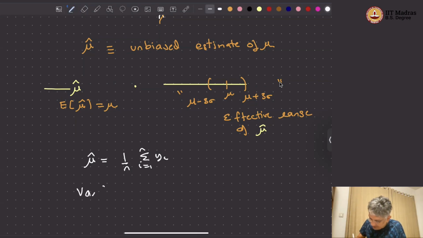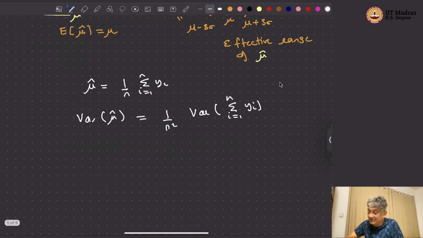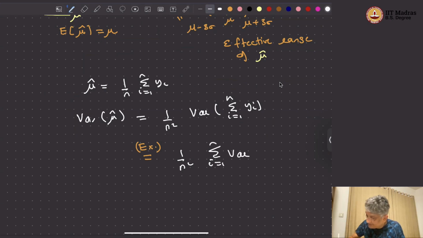If I do the calculation, it's going to be 1 over n squared times the variance of the sum. I'll leave this as an exercise for you to check. What property of yi can I use to write this as 1 over n squared times the sum from i equal to 1 to n of the variances of yi?